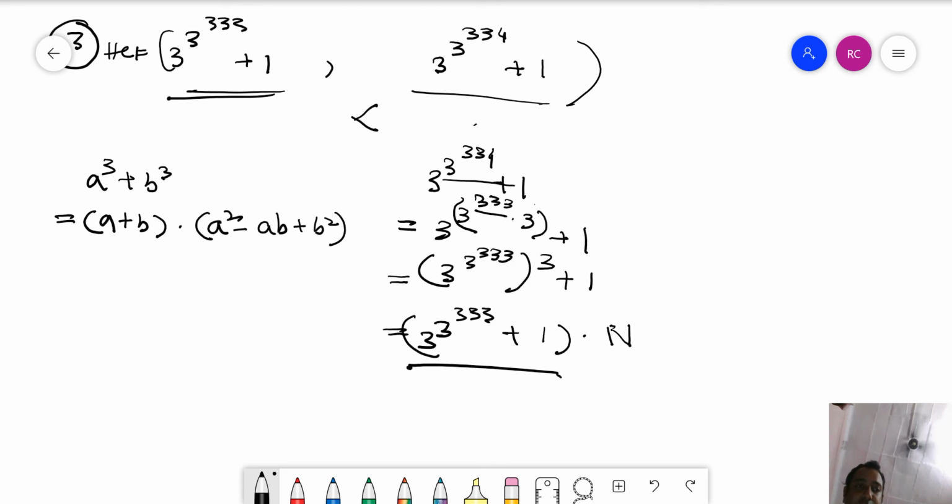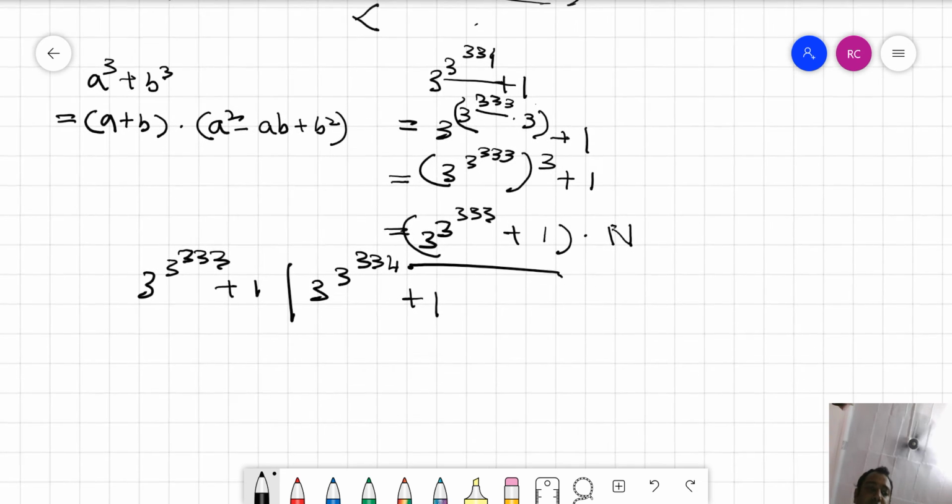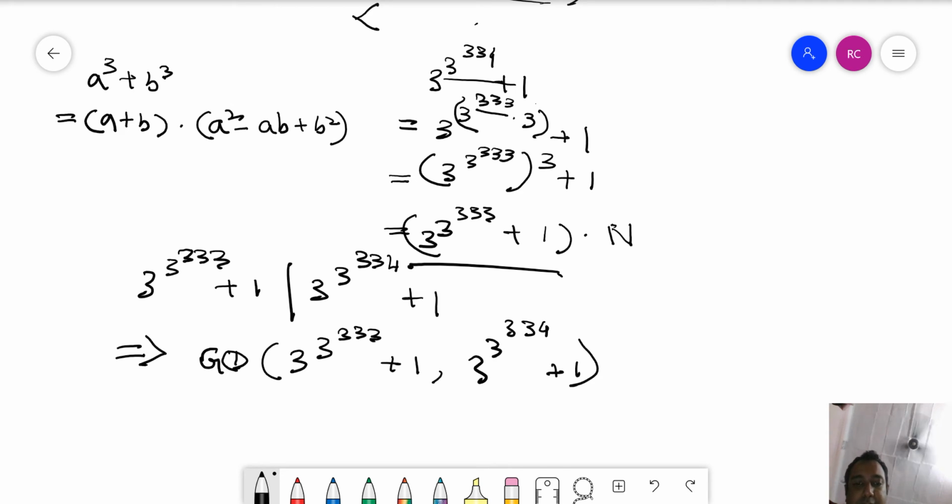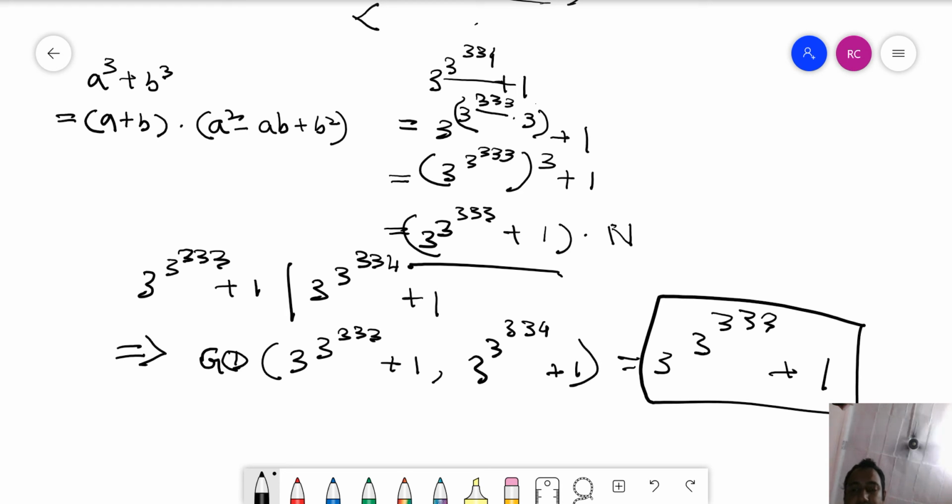In other words, 3 to the power 3 to the power 3, 3, 3 plus 1 divides 3 to the power 3 to the power 3, 3, 4 plus 1, which means that the GCD of the two is 3 to the power 3 to the power 3, 3, 3 plus 1. So this would be our final answer.